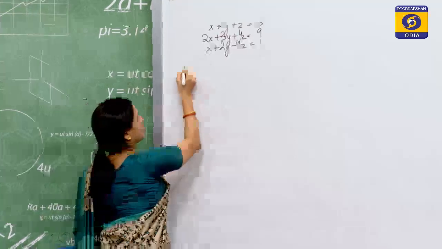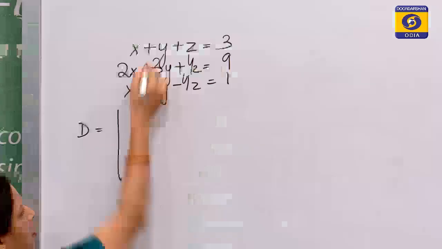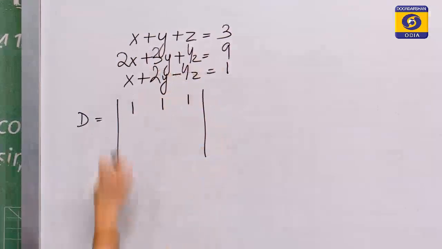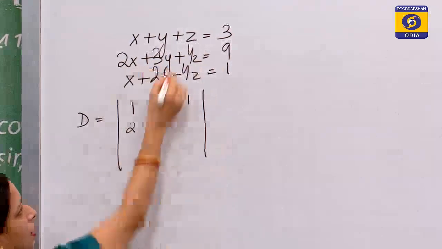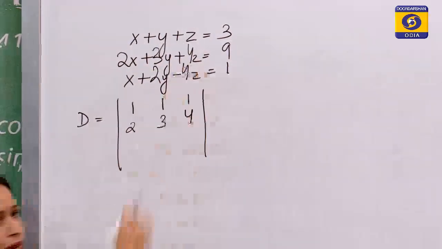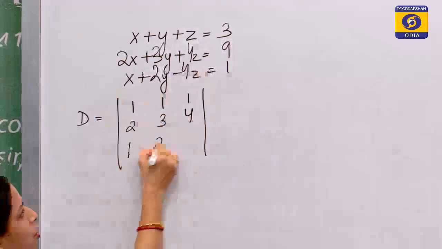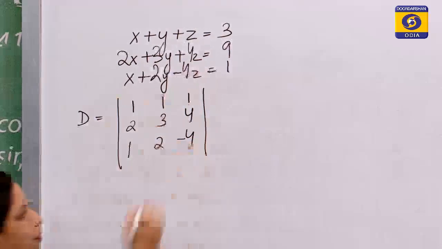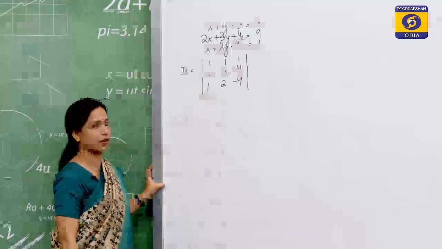The coefficients here for x is 1, for y again 1, for z 1, right. Next 2, for y is 3, for z is 4. Here 1, here 2 and here it is minus 4, right. So, this is the determinant of the coefficients of the variables.